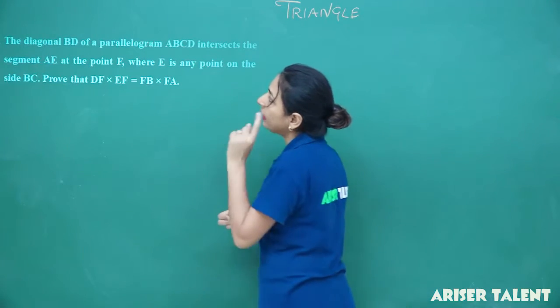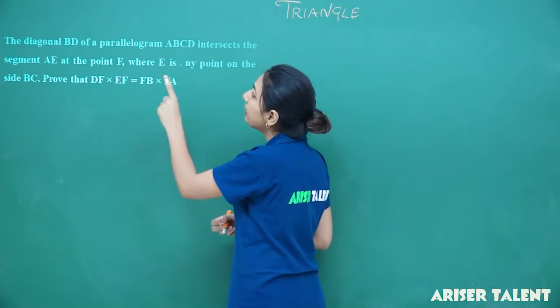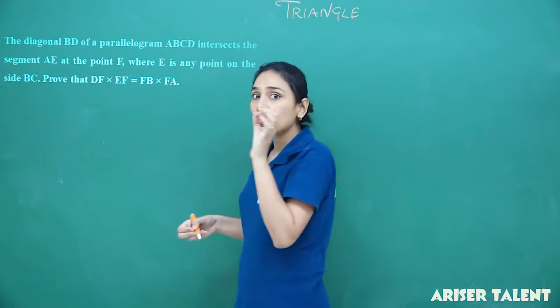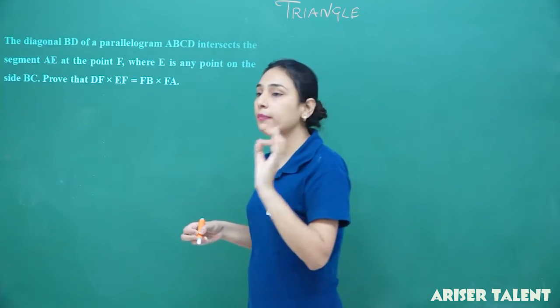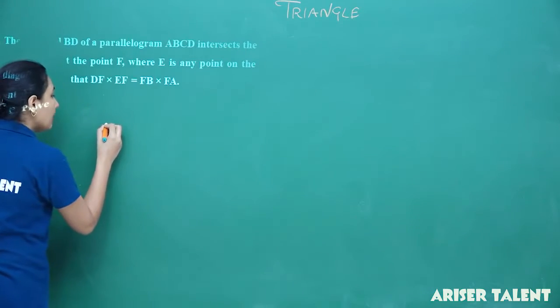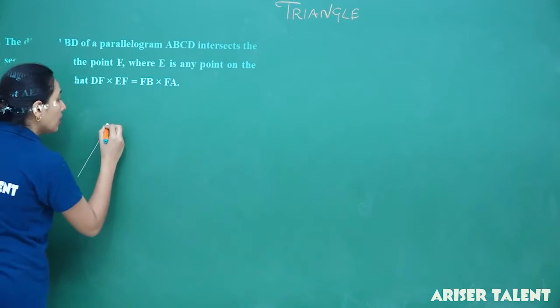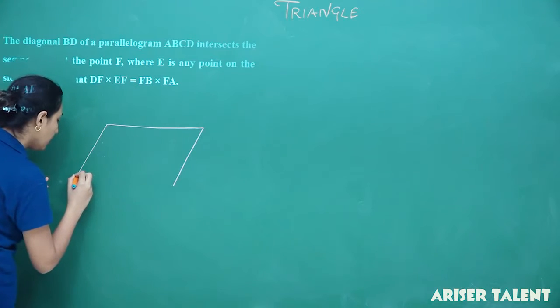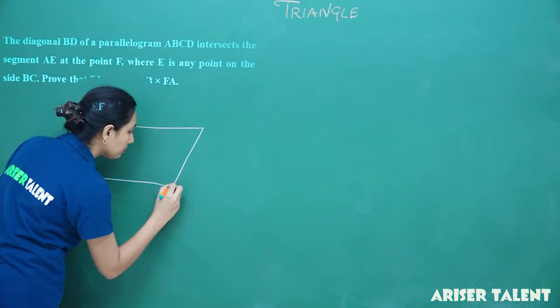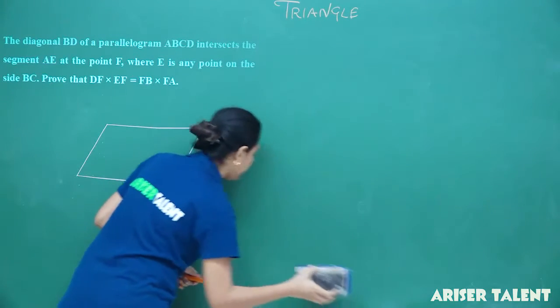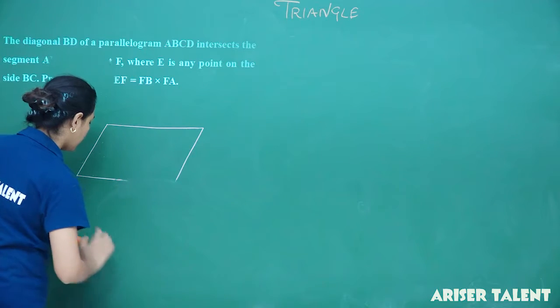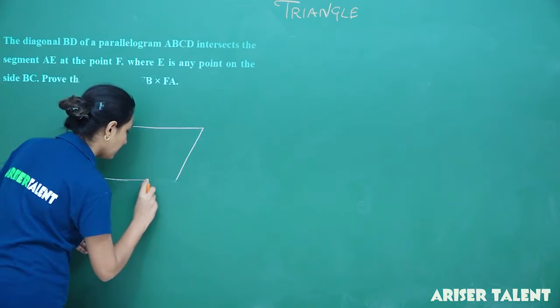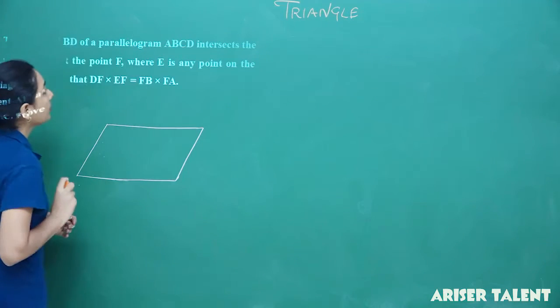So the question says a diagonal BD of parallelogram ABCD. So just first draw the parallelogram. What is a parallelogram? A quadrilateral in which both pairs of opposite sides are parallel to each other. So this is a parallelogram.